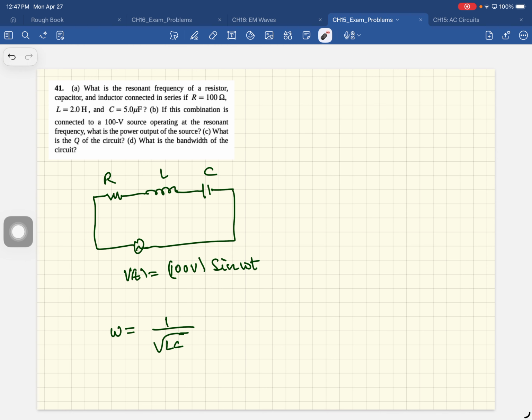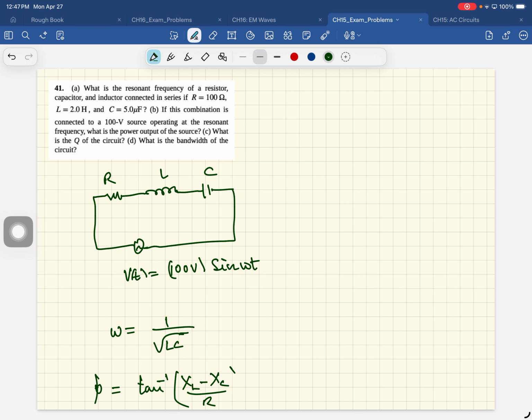So at resonant frequency, at this frequency, phi is tan inverse of XL minus XC divided by R. At resonant frequency, this is equal to that, so phi is 0. At resonant frequency, phi is 0. Okay, so we'll find out the resonant frequency.